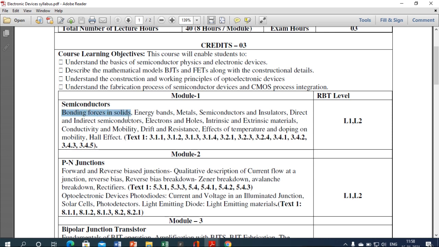We studied the electronic configuration of each atom, taking silicon, germanium, neon, sodium chloride, and discussed how to write the electronic configuration for the given atoms. Based on that, we discussed the topic called bonding forces in solids. So now we'll move on to that topic.